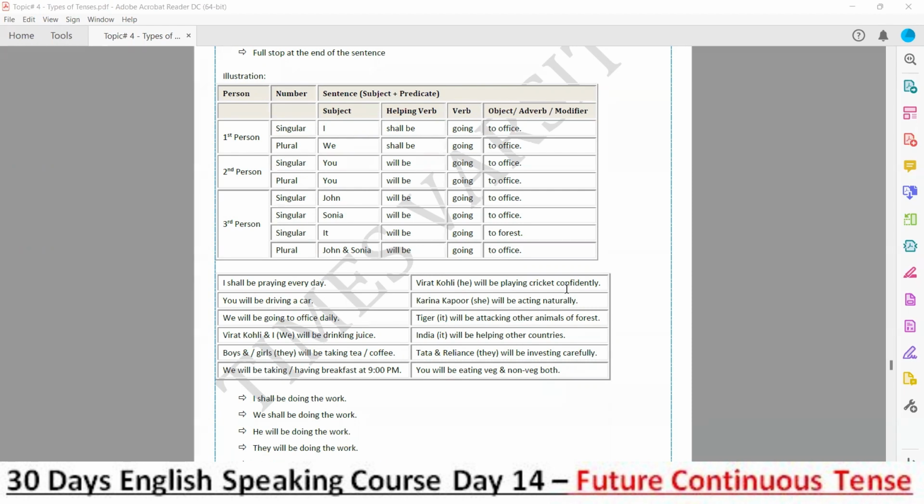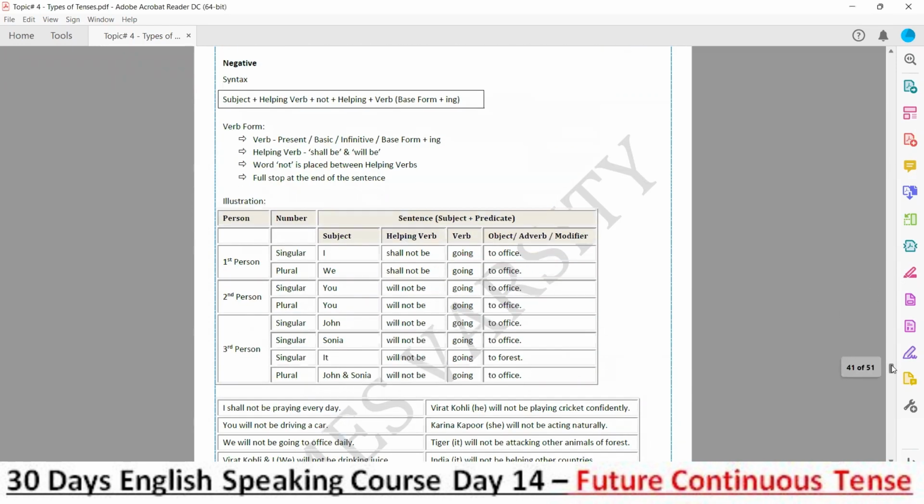When you are translating, like in Hindi or English, you can rearrange words in Hindi and English, but make sure you correctly make sentences in English. Right, next. Kareena Kapoor will be acting naturally. Kareena Kapoor naturally acting करेगी.